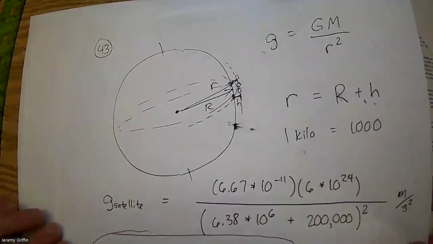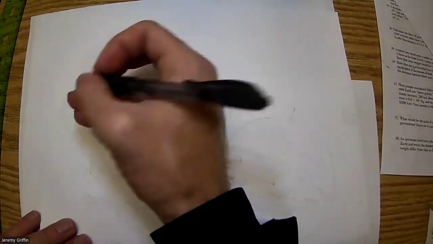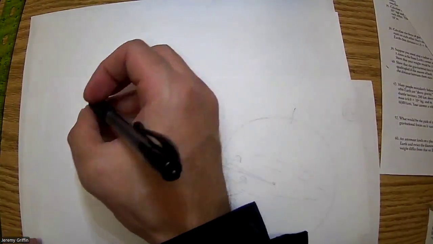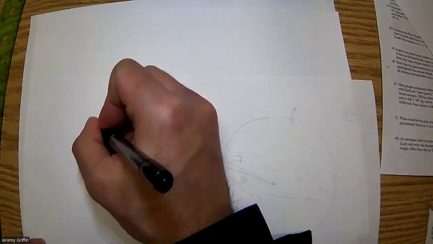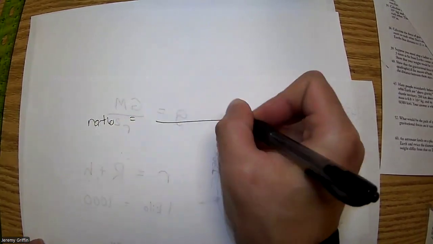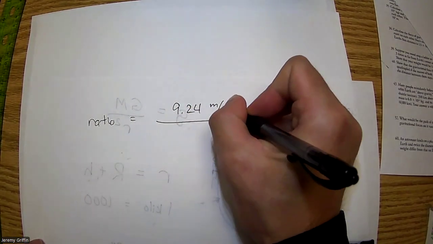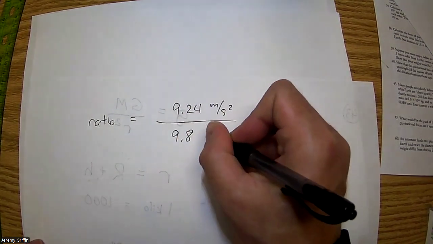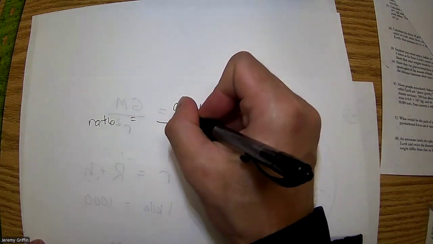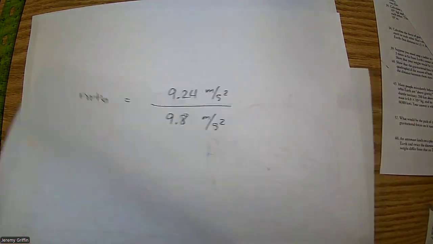Now there was a follow-up question to 43. Let's call it 43B: what percentage of the surface gravity is that? So I'll say ratio equals 9.24 meters per second squared compared to 9.8 meters per second squared down at the surface. This is still 43.